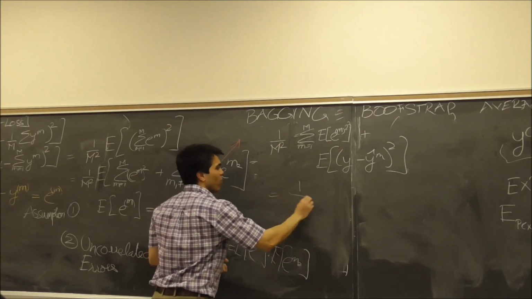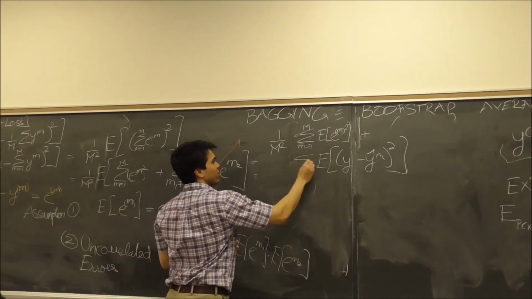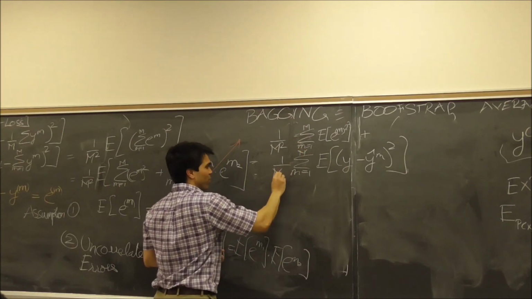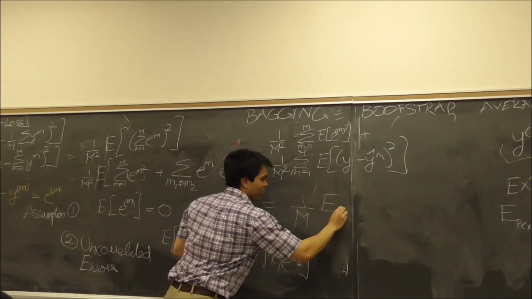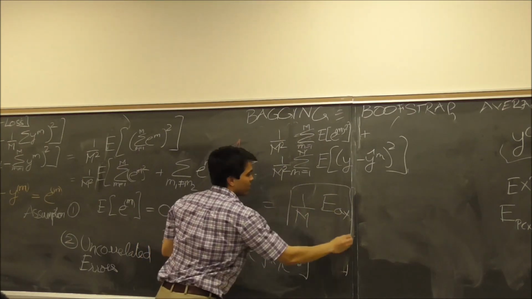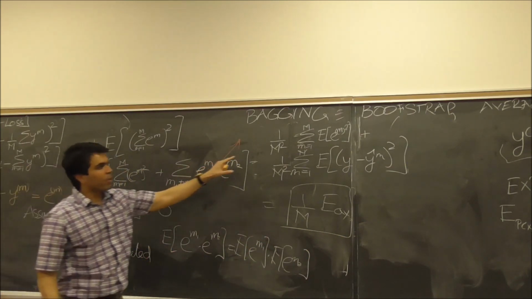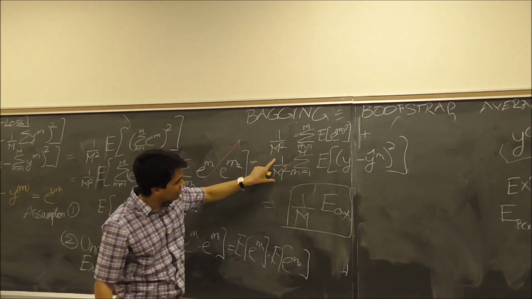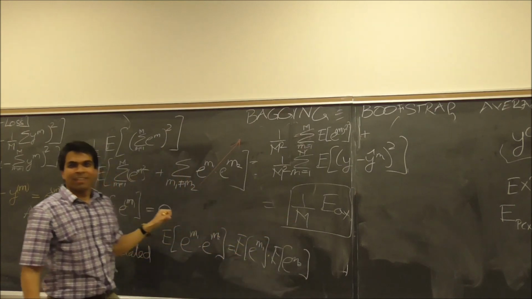So there's a summation here, m equals 1 through m, and 1 over m squared, which is equal to 1 over m times the average value. That's what I started out to prove. So you take each one of the committee, their expected error, and there's a 1 over m that goes into the average, and you still cut that by 1 over m.